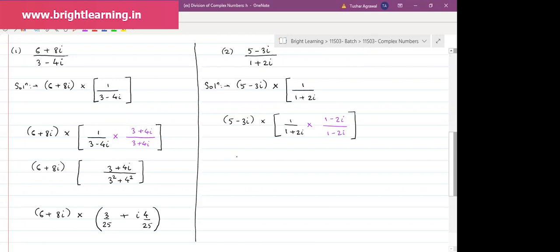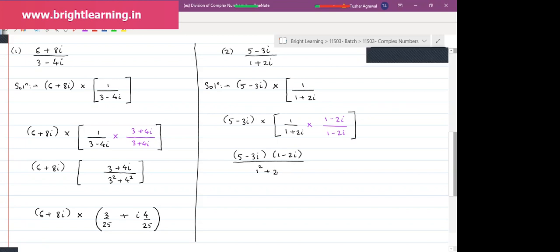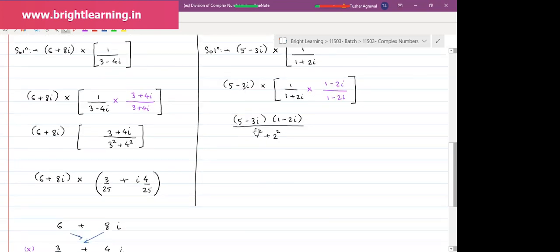So loosely, can I write the answer as 5 minus 3i times 1 minus 2i, and the denominator is 1 square plus 2 square. For 1 plus 2i times 1 minus 2i, this kind of sum, the answer will always be real part square plus imaginary part square. This question we have done, yes or no?